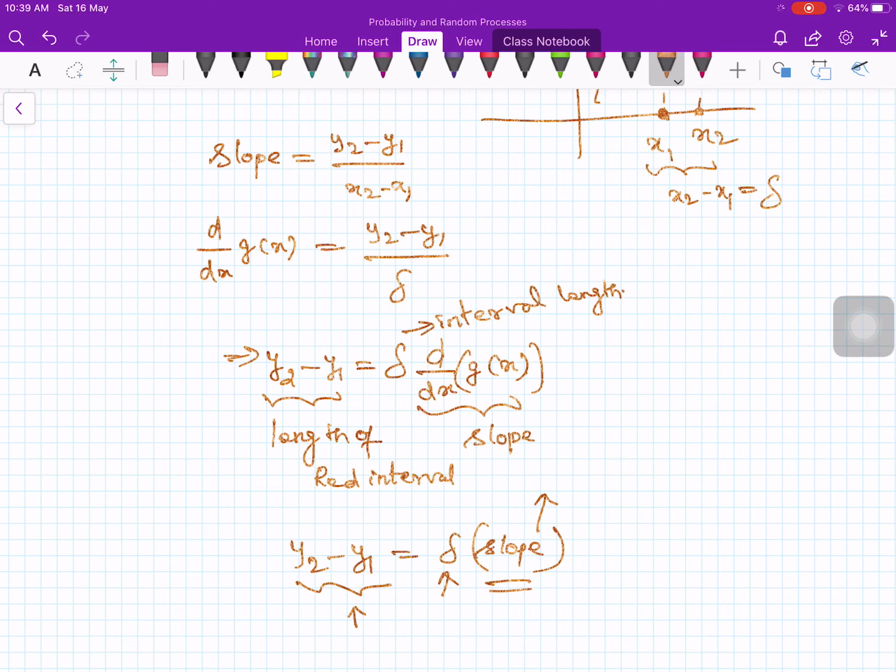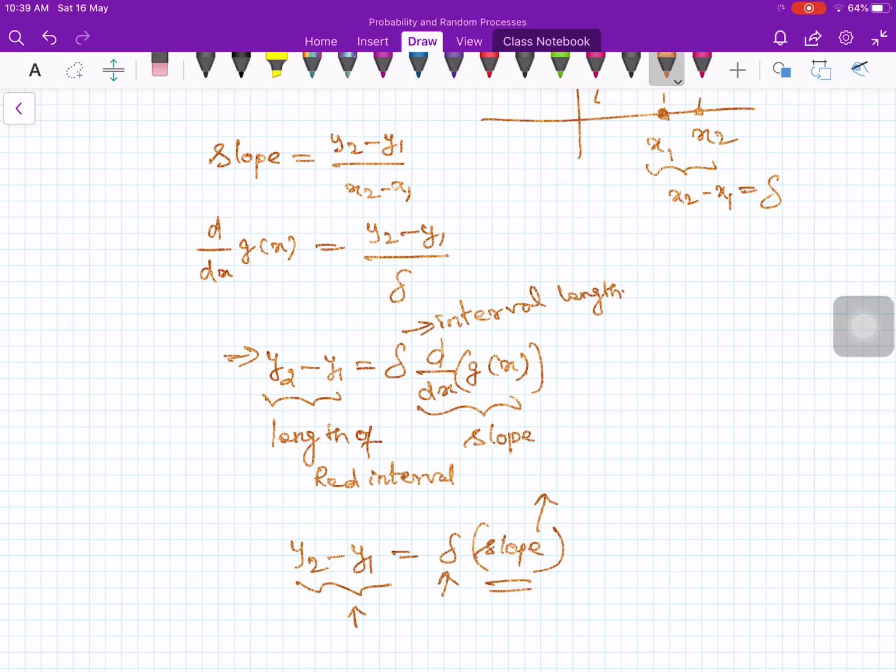That is fy of y times y2 minus y1, which is fy of y times delta times d by dx of g of x. This is the slope.